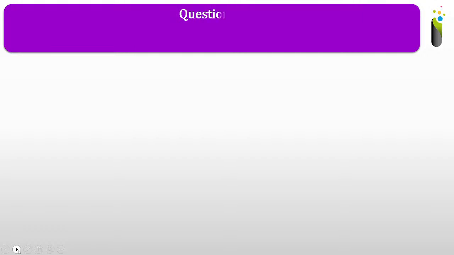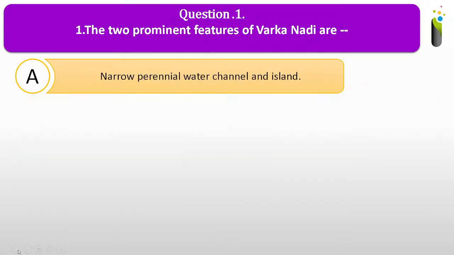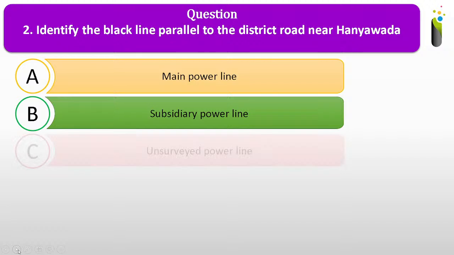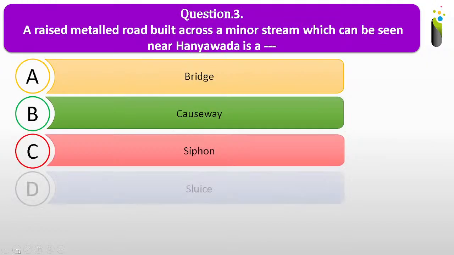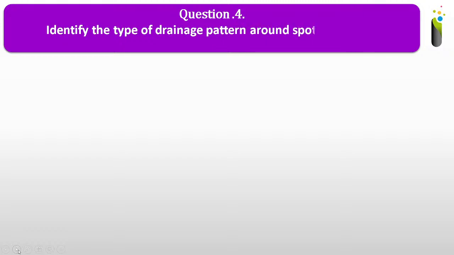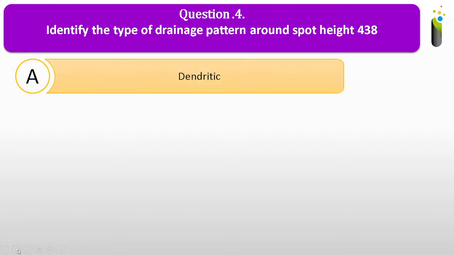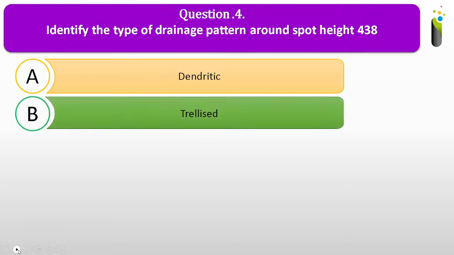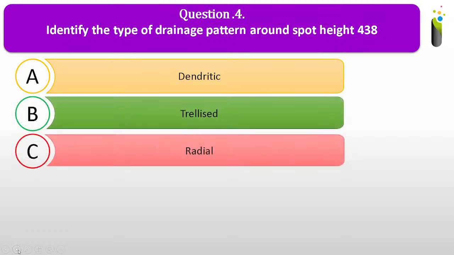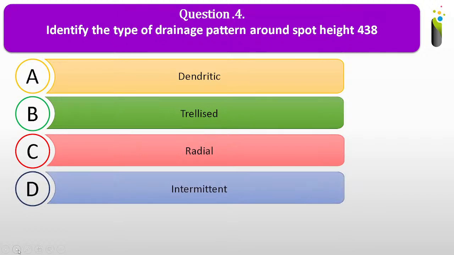I take you back to the question. Your options are A, dendritic, B, trellised, C, radial, D, intermittent.